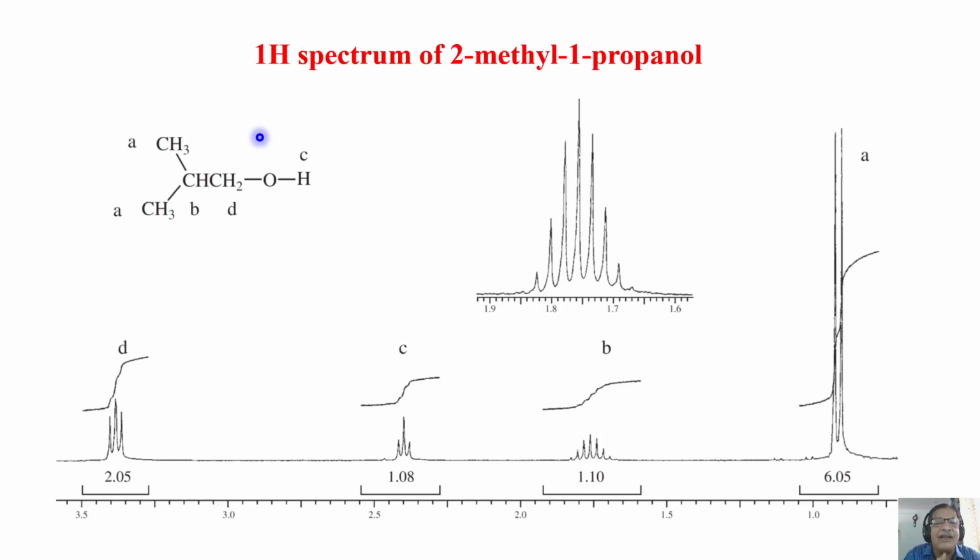They generally do not experience couplings so easily. The OH proton gives rise to a broad hump. Even though it is attached to neighboring groups of spins like CH or CH2, couplings are very rarely seen. Not that it is not there, it is there, but you have to take special precautions to do the experiment so that you can see the splitting pattern.